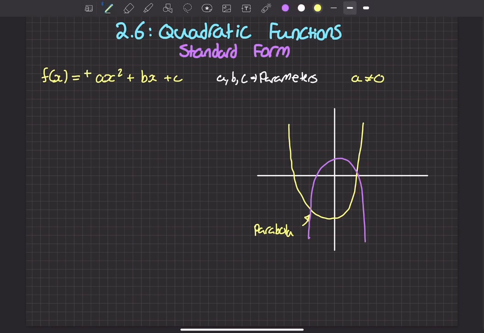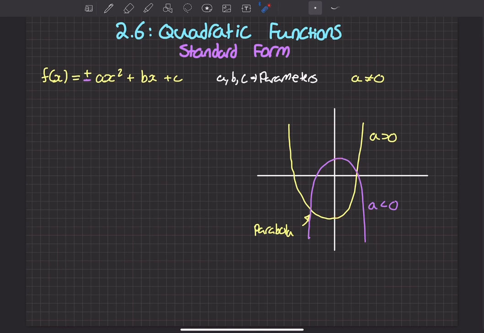And on the other hand, if this here is negative, then your graph will open downwards. It'll look something like this. So this here is when a is bigger than 0, when a is positive. This is when a is smaller than 0, when a is negative. Okay. And so here we have your two parabolas. You have one that goes like this and one goes like this.